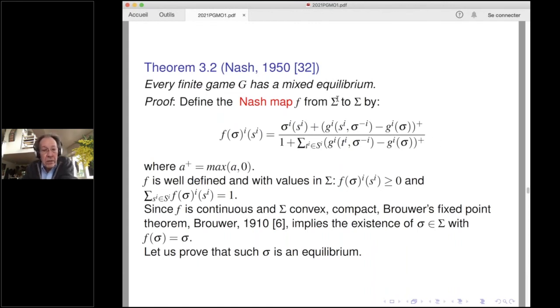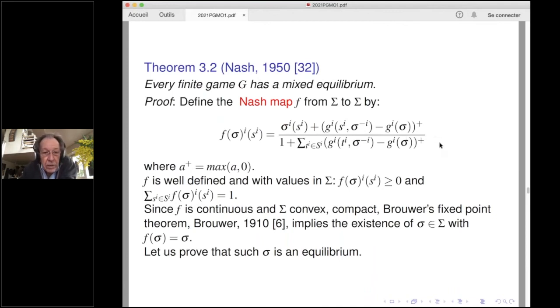Starting with the strategy sigma, you look at player i, whose component is sigma_i, and the weight he puts on s_i is sigma_i(s_i). So this is the weight that player i puts on the move s_i. And then you compare the payoff of the move s_i to the average. If s_i is better than the average, you take it, and otherwise you put 0. So you take the positive part of the difference here, and you normalize.